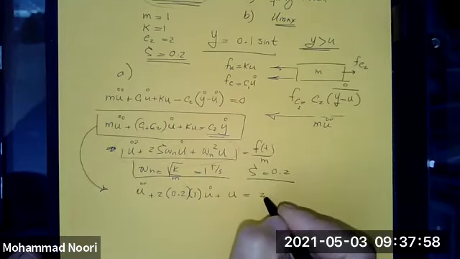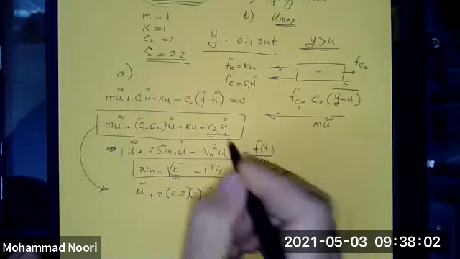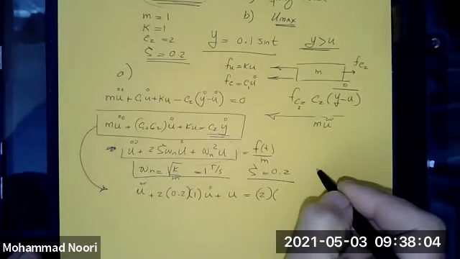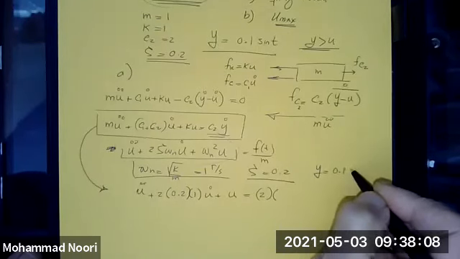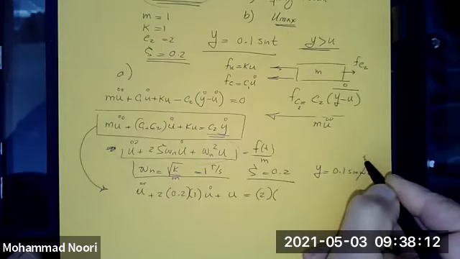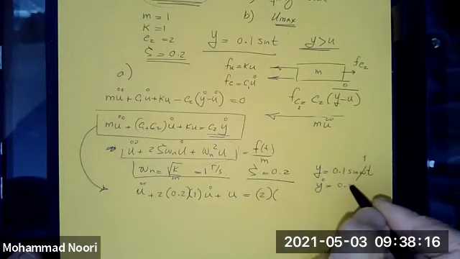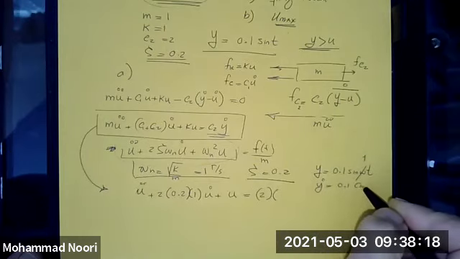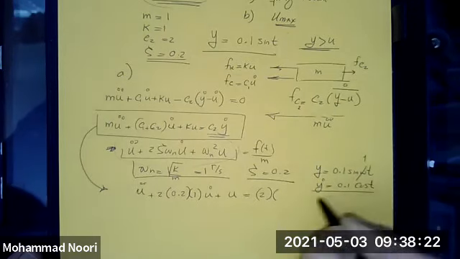C2 is given as 2. Y was 0.1 sine omega t, and omega was 1. So y dot is simply 0.1 omega cosine omega t. That would be y dot.